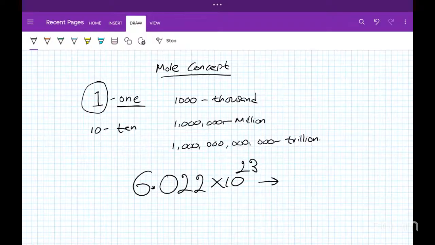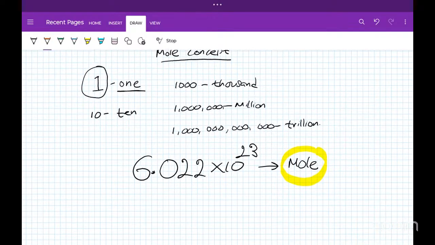In chemistry, this number is special, so it is given the name mole. The concept of mole means it's a number, and mole is the name given for that number. This number was initially introduced by Emilio Avogadro.